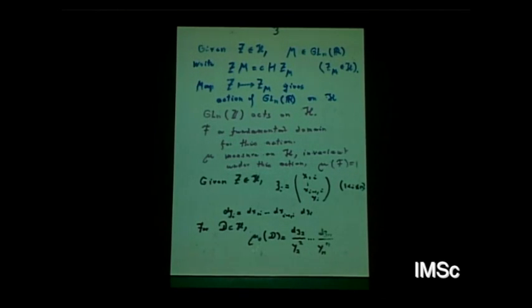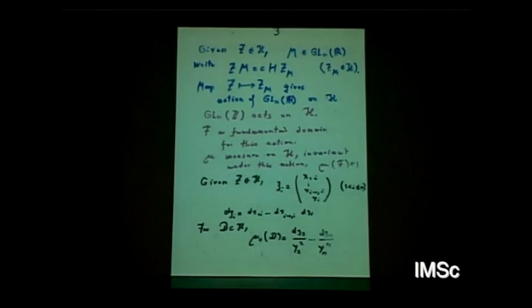So it's basically what you would expect: dz2 up to dzn. However, there's a denominator, y2 squared up to yn squared. Now, for the standard upper half plane, it's just dx dy over y squared in the denominator. So this is a generalization.